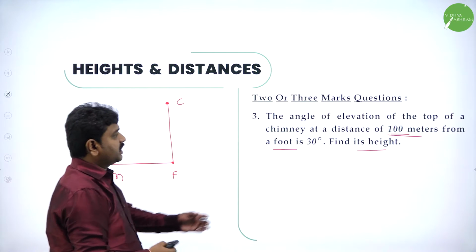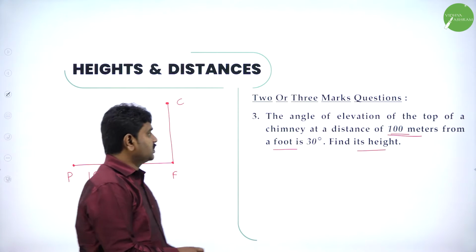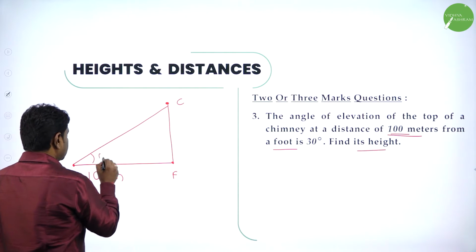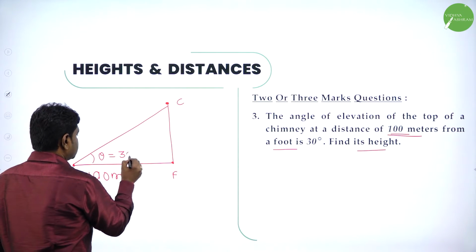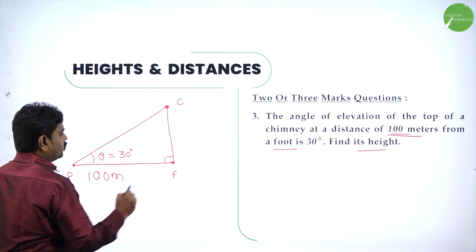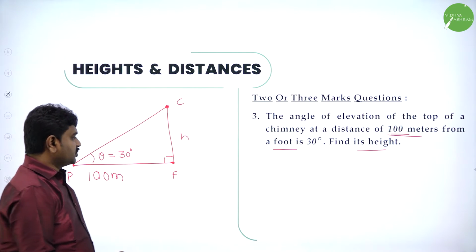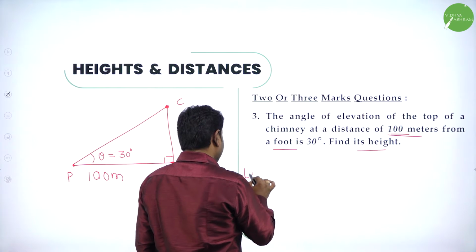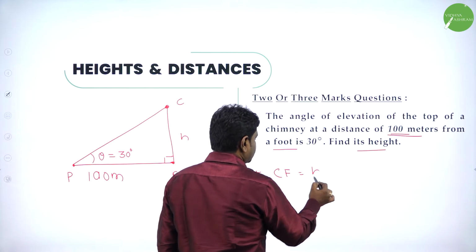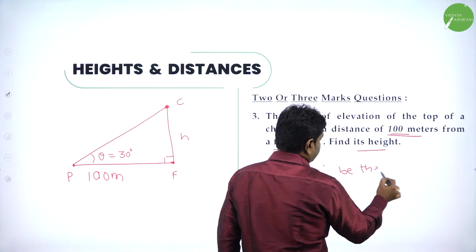Now the angle of elevation of the top of the chimney at a distance of 100 meters from the foot is 30 degrees. So the angle of elevation, if you draw from here to here, is theta. Theta is 30 degrees. This is what is given. Now you can see a right angle triangle. They want you to find the height of the chimney. Let h be the height of the chimney. In the diagram, we have assumed CF is equal to h, the height of the chimney.